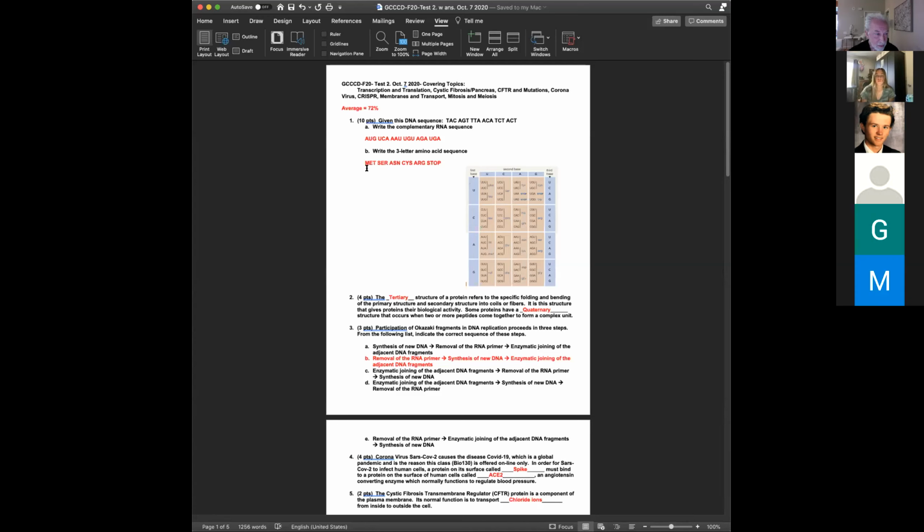So the protein or the peptide sequence you should have come up with is methionine, serine, asparagine, cysteine, arginine, and a stop codon. Are there any questions about this, about how you do it? It may come up again, so please make sure that you do know how to use a codon table and how the genetic code works.